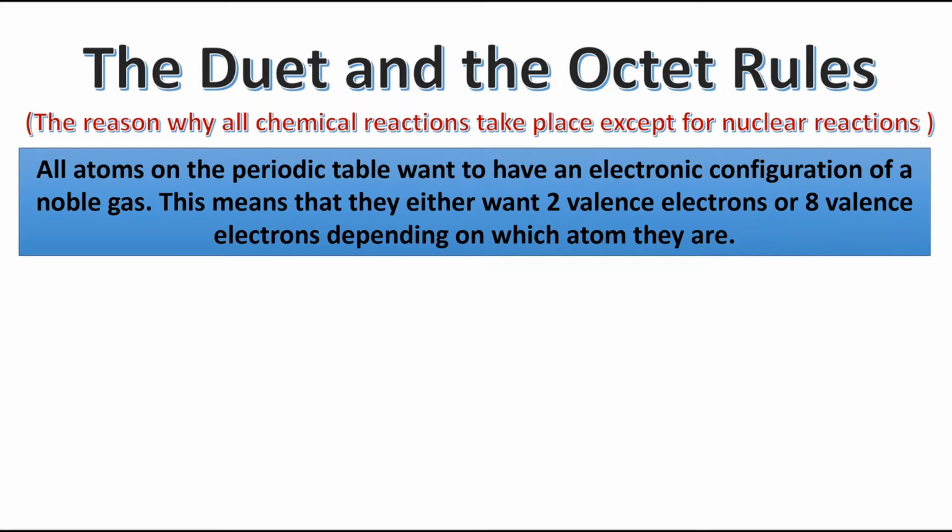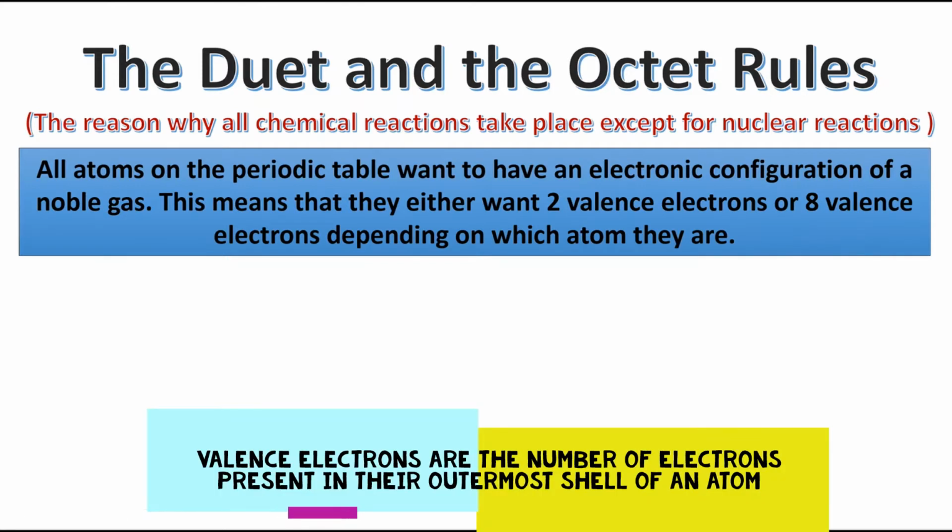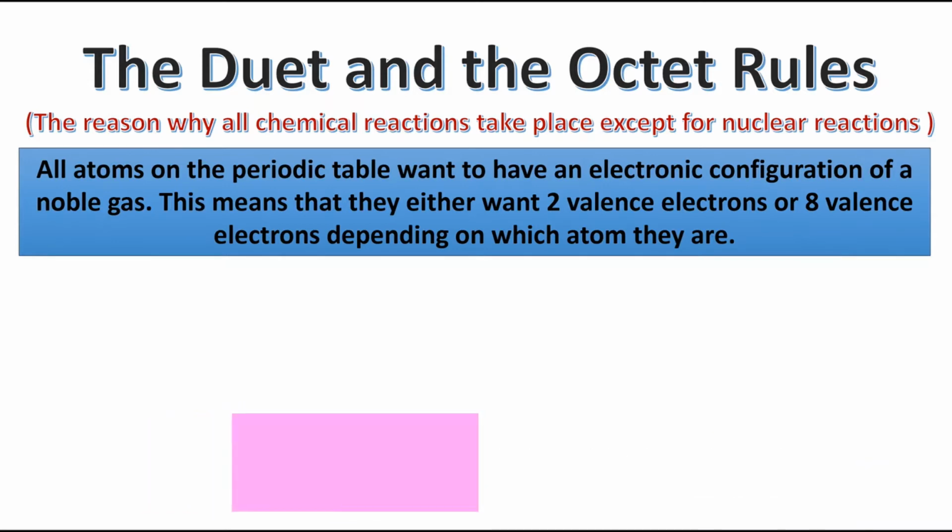These are in the last group, the 18th group, and all the atoms in the periodic table, whether from group 1 to group 17, like to have the electronic configuration of either 2 valence electrons or 8 valence electrons. Just to remind you, valence electrons are the electrons present in the outermost shell of an atom.